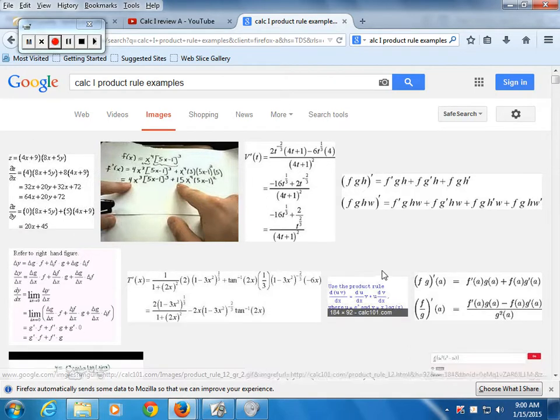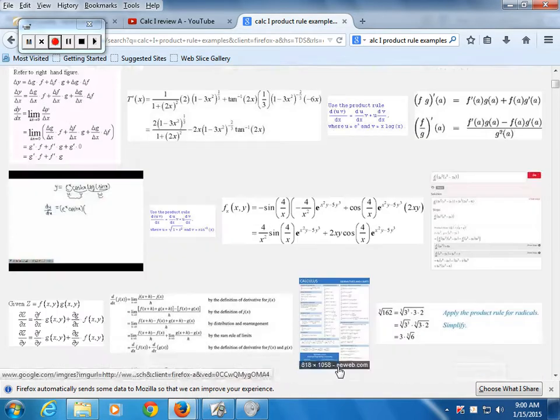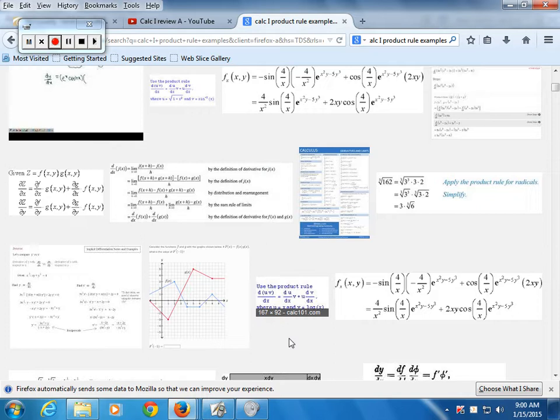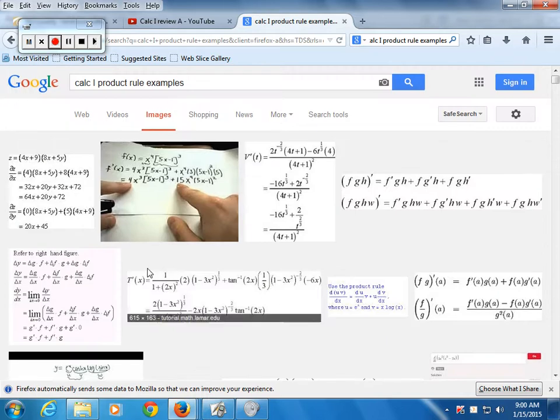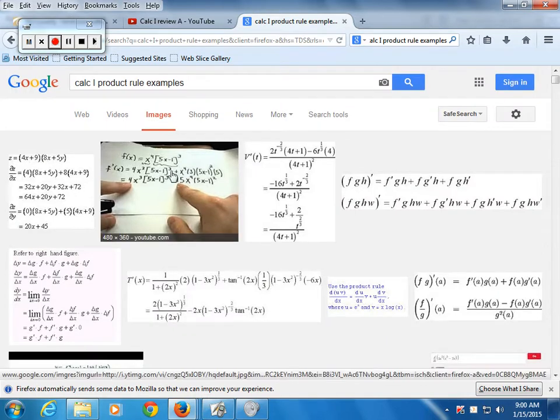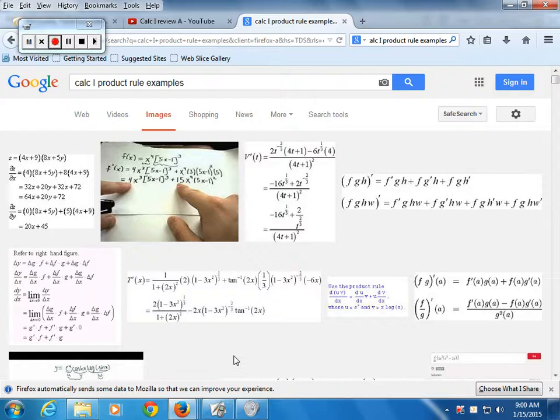I want to find something a little bit simpler, but we can. We'll do one Patrick's doing. X to the 4th, 5x minus 1 to the 3rd. No, that's using the chain rule. We can't use that one.